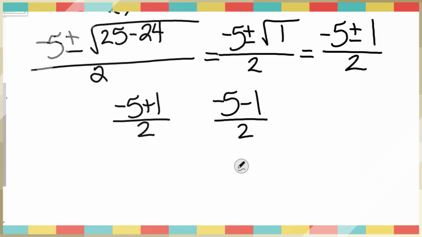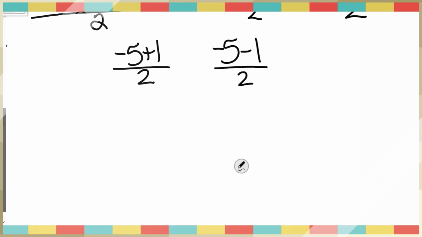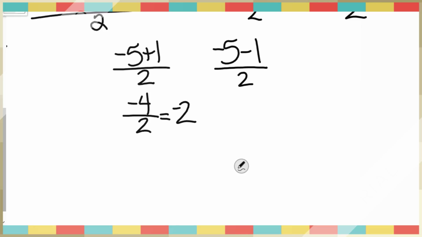Negative 5 plus 1 is negative 4, and negative 4 divided by 2 is negative 2. Then we've got negative 5 minus 1, which is negative 6, and that divided by 2 is negative 3.